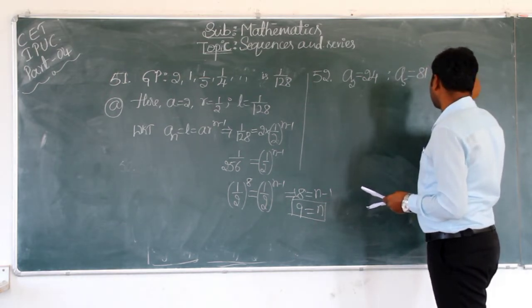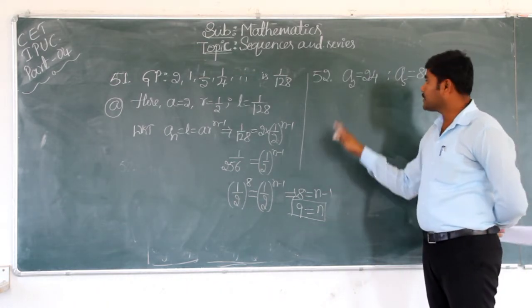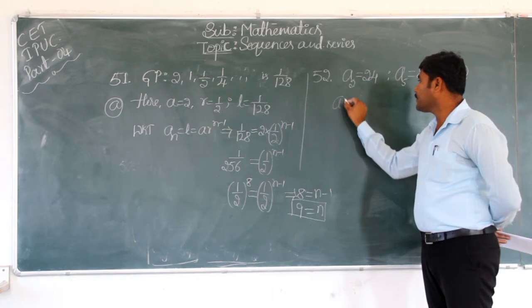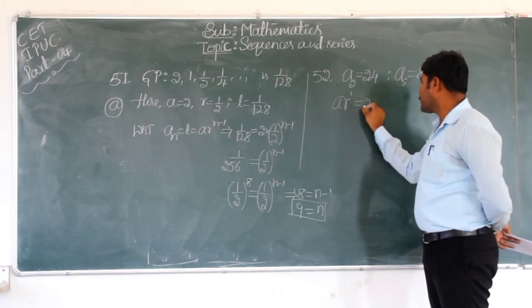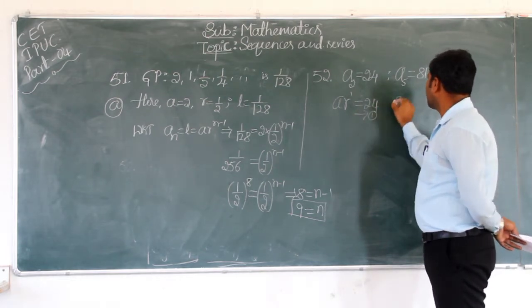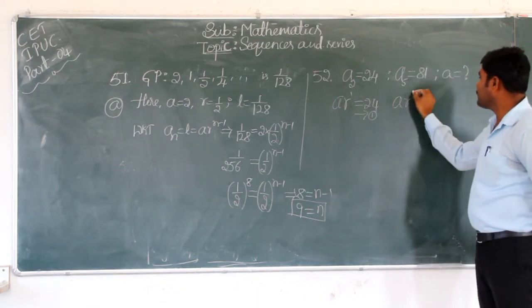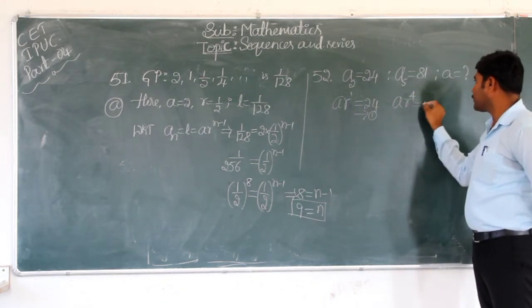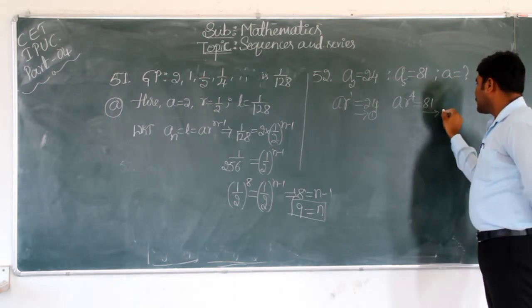You know that the second term in a geometric progression can be written as A into R to the power of 2 minus 1, is equal to 24. Take it as equation first. Similarly, the fifth term is A into R to the power of 5 minus 1, that is 4, is equal to 81. Take it as equation second.